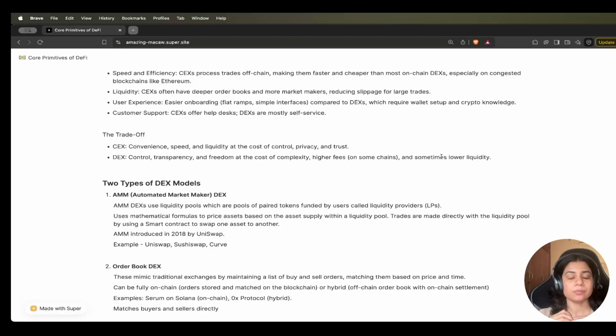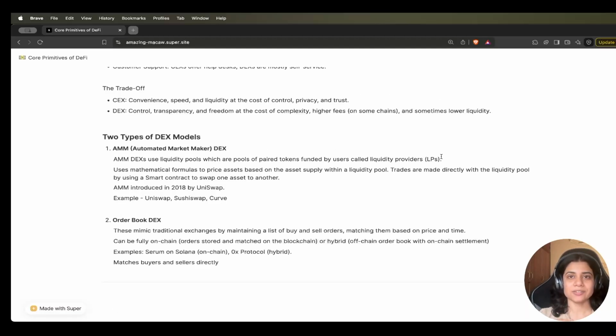There is a protocol called Serum on Solana, which is an on-chain order book. And then we have a hybrid mode, where we do the order book off chain and then do the settlement on chain. The 0x protocol implements this hybrid mode. So that's how order book DEXs work. Majorly, you will see DEXs using AMM. With this, we are done with the core primitives in DeFi.